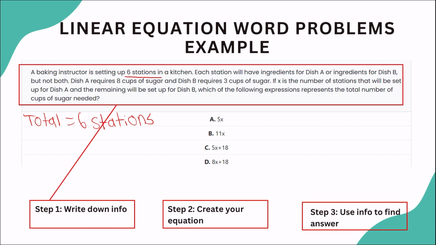2 dishes, dish A and dish B, with dish A requiring 8 cups of sugar. So A, 8 cups, and dish B requires 3 cups.